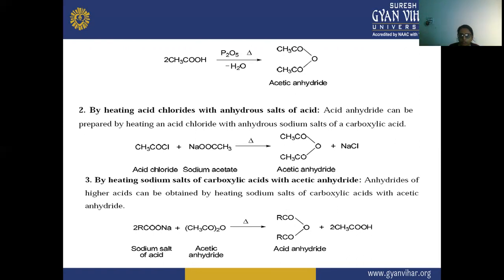Next is heating acid chloride with anhydrous salts of acid. Acid anhydrides can be prepared by heating an acid chloride with the anhydrous sodium salt of a carboxylic acid.